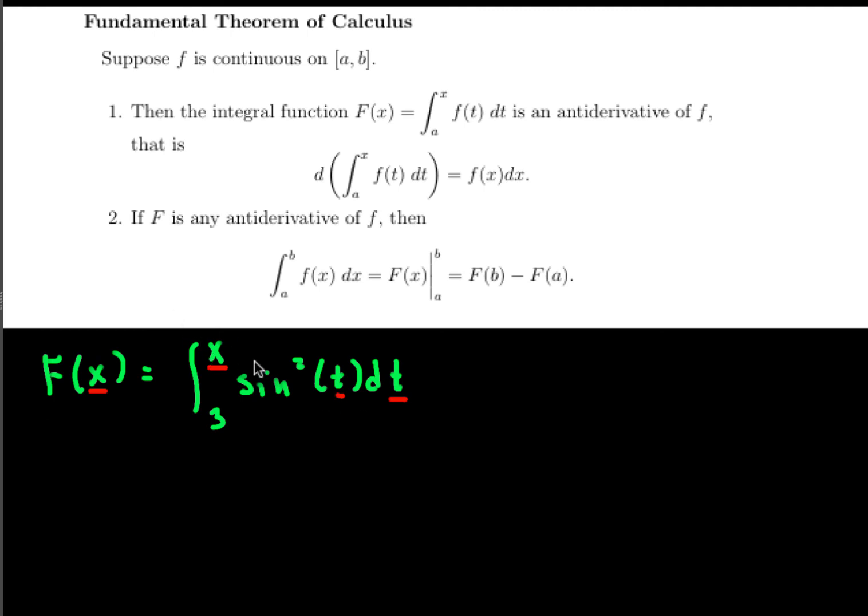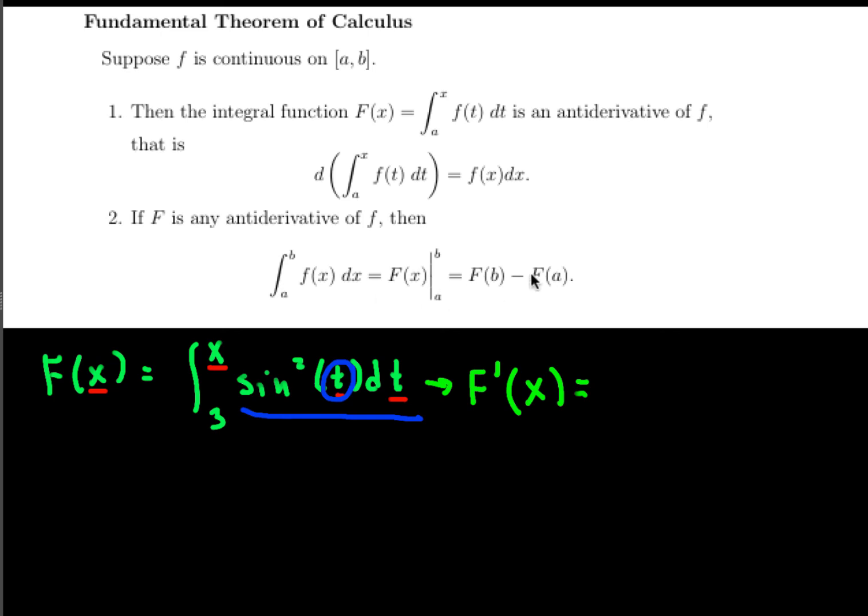So if I've got an integral function, f of x equals the integral from 3 to x of sine squared of t dt, then the first part of the fundamental theorem of calculus says if I want to take the derivative of big F with respect to x, it's simply equal to the function inside of the integral in which we replace t with x.